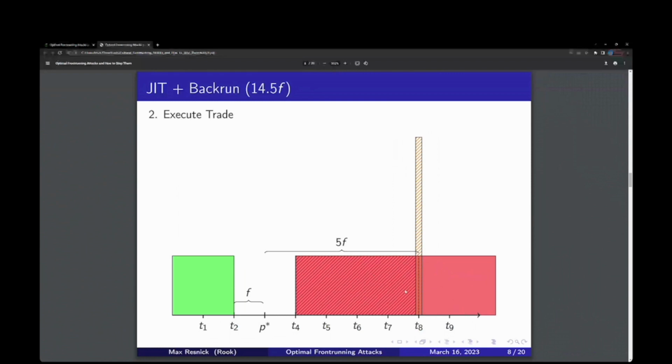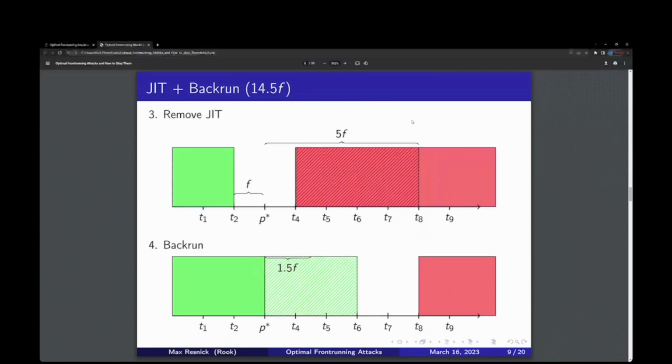So we have 4 units that we're still taking from the body. And now this is 2 units that we're getting at 5F as the searcher here.